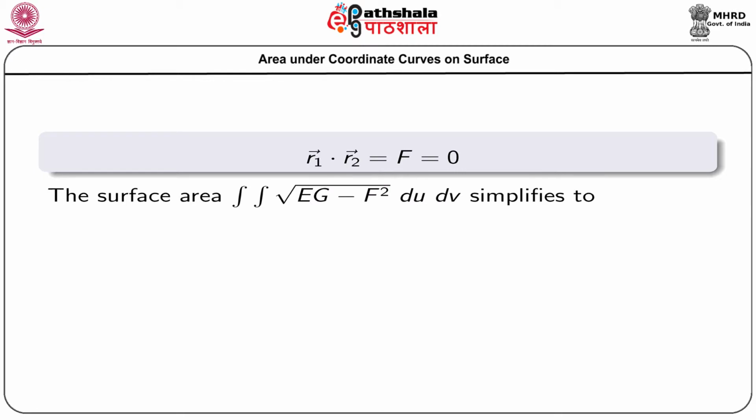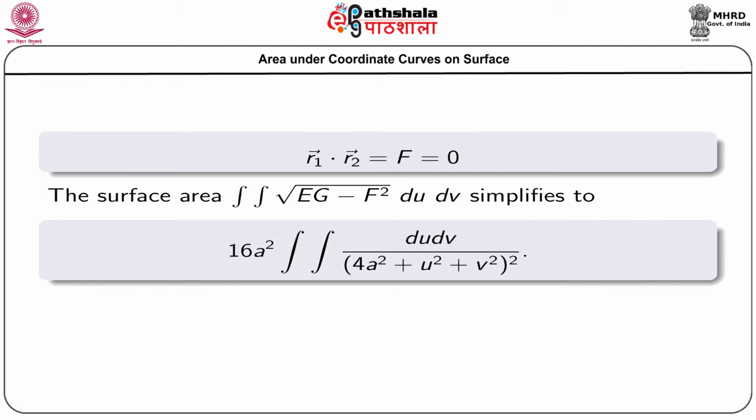Now, putting the value of A in the formula, the double integration root A du dv, and after simplification we have this expression: 16a square double integration du dv by (4a square plus u square plus v square) whole square.